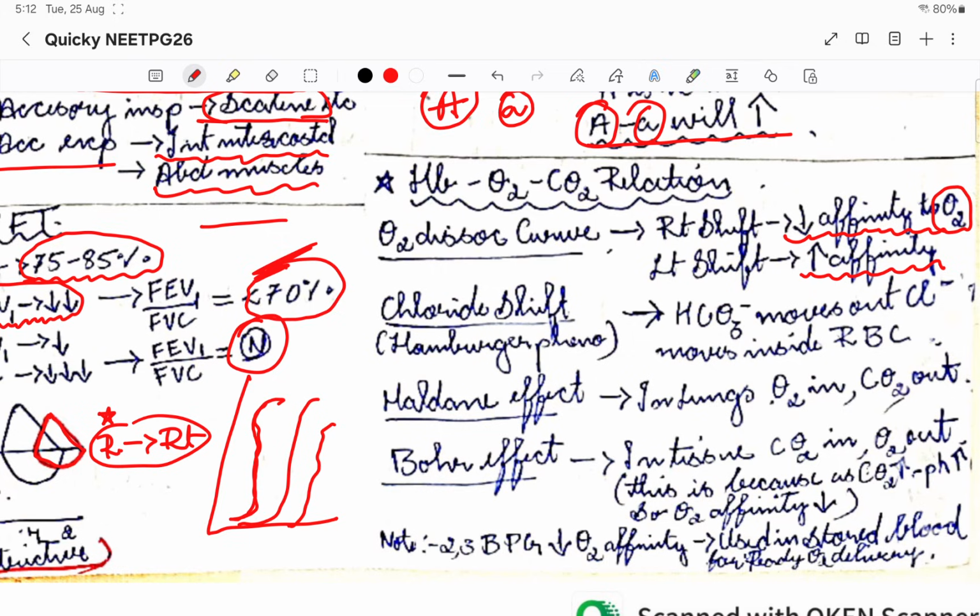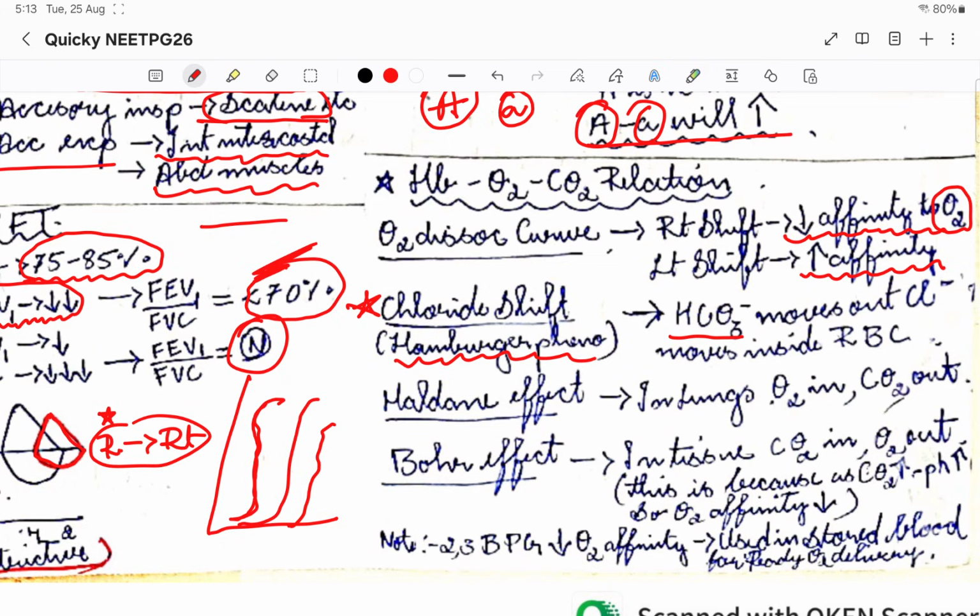Then let us see some of the laws with respect to the shift that happens. So that is the chloride shift. This is also called Hamburger's phenomenon, where basically carbon dioxide is carried as bicarbonate, right? If bicarbonate is too much, it has too much weight.